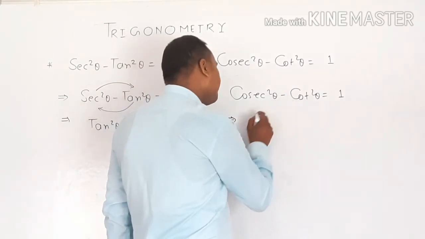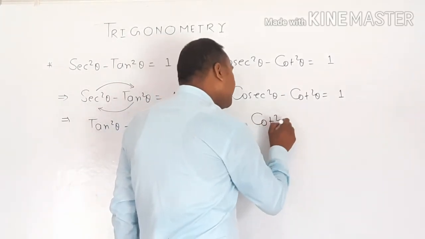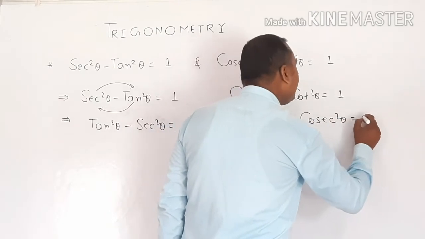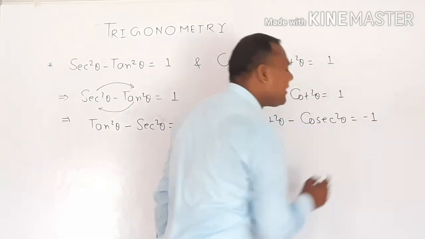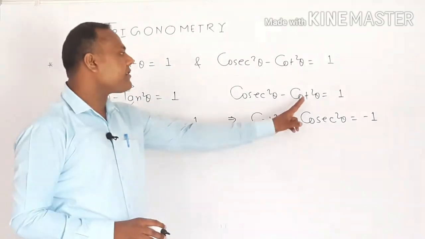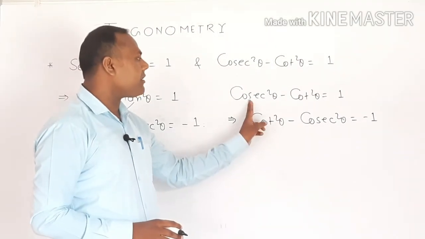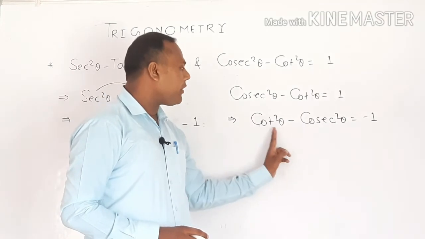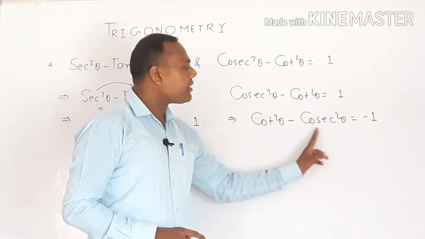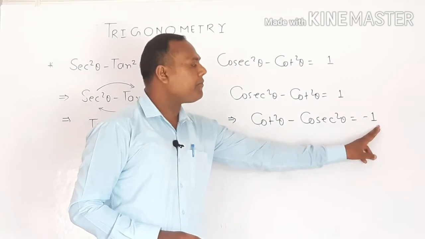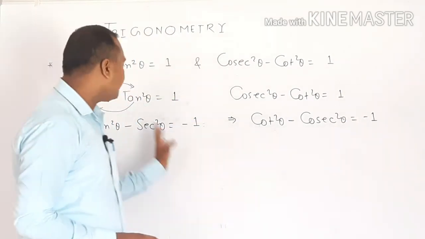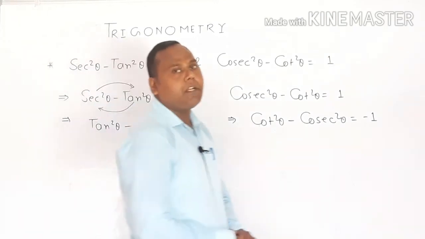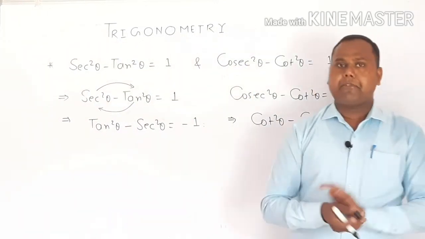Cot square of theta minus cosec square of theta will be equal to negative of 1, or minus 1, because this term is replaced here and this term is replaced here. That's why cot square of theta minus cosec square of theta will be equal to minus 1. These two results are very important for solving critical type of problems.